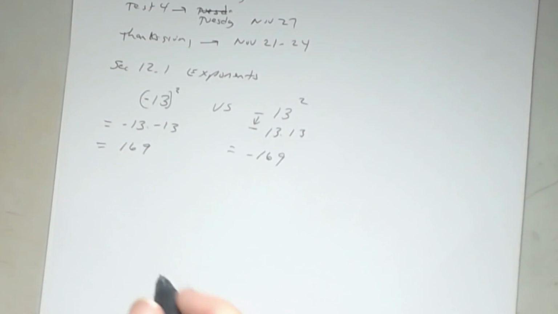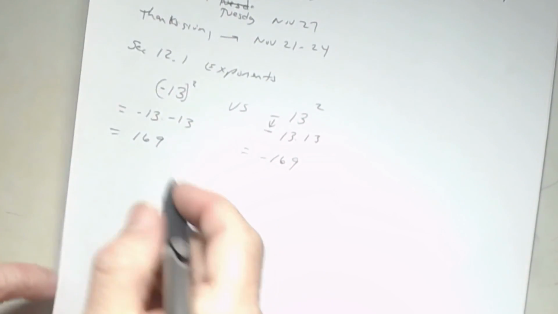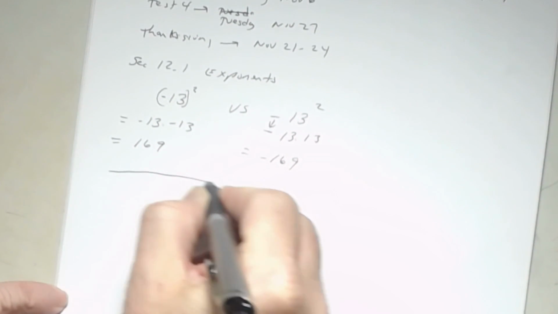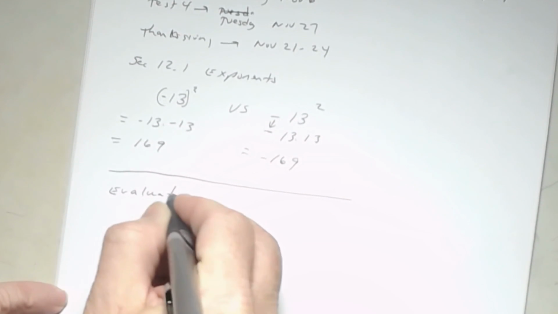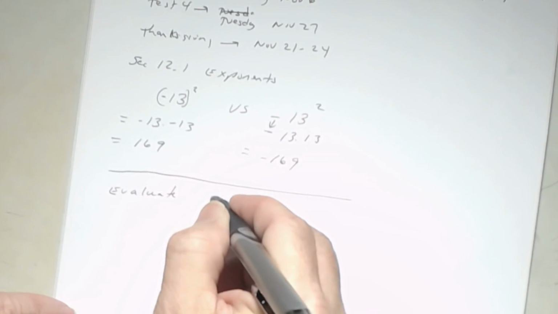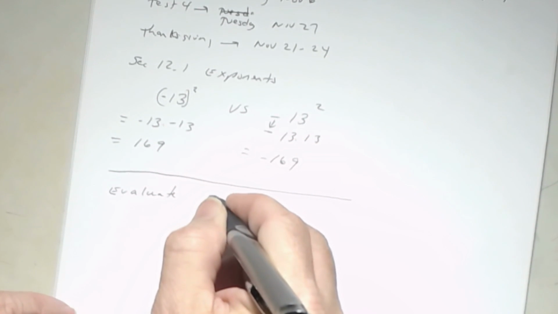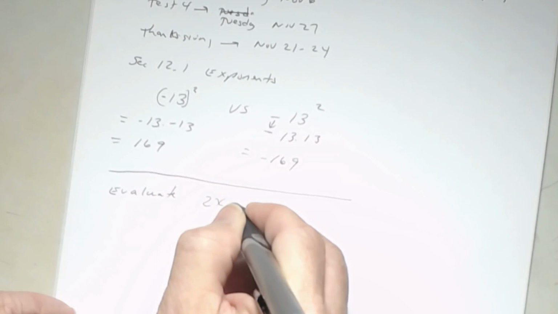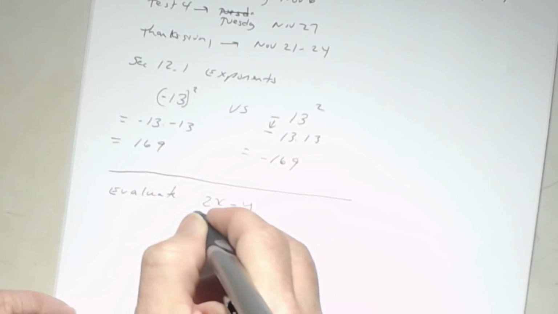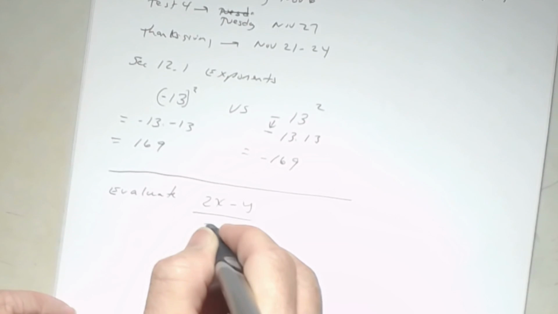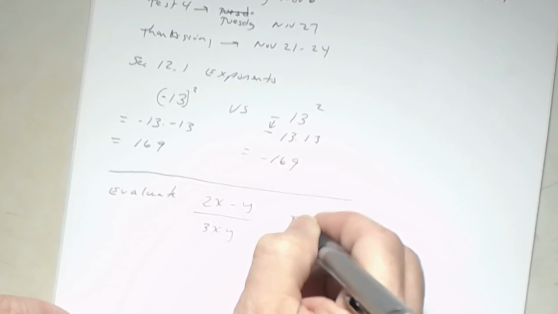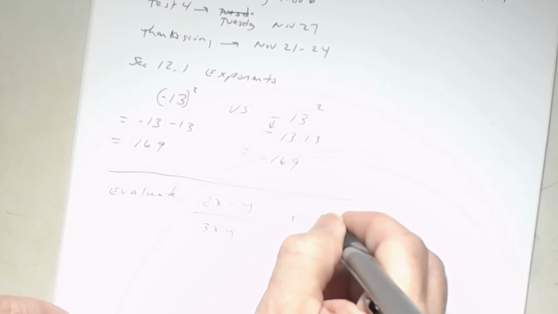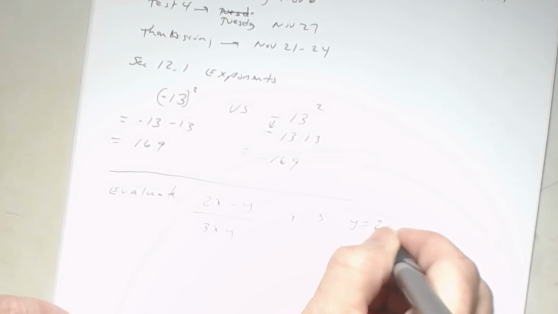Okay, now remember on the previous test, you had something like this. I can't remember what the problem was, but I'll make one up. Suppose we had 2x minus y divided by 3xy, and you're told that x is 5, y is 2.